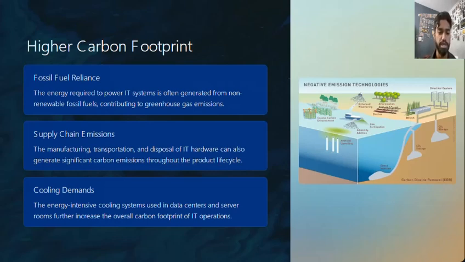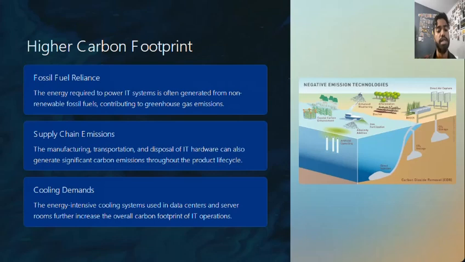Supply chain emissions: the manufacturing, transportation, and disposal of IT hardware can also generate significant carbon emissions through the product life cycle, where a lot of carbon emissions can cause an imbalance in the ecosystem. It leads to depletion of the ozone layer and other complications.